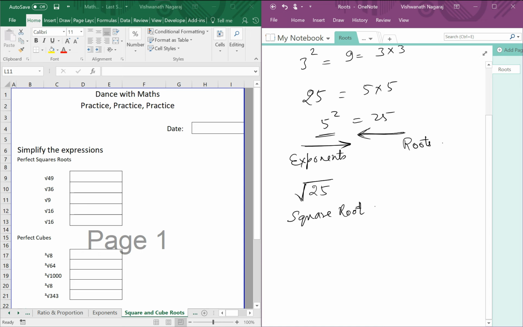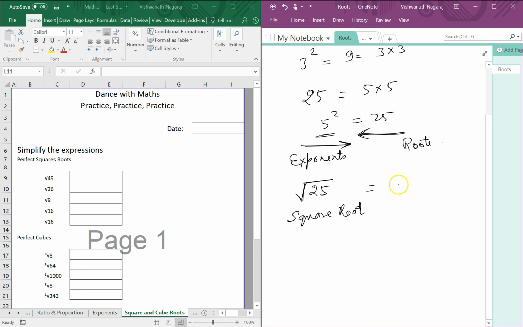And just by putting this symbol around 25, we are asking that question: find a number which when multiplied by itself 2 times, or in other words, when it is raised to the power of 2, gives you 25.